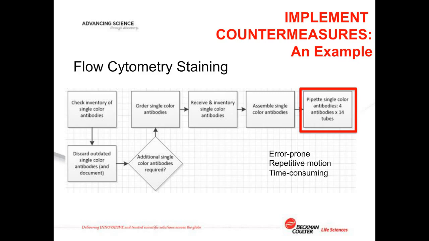It's being done manually. It's repetitive motion, so the person doing this has to actually pipette each of these antibodies individually. So that's actually 56 different pipetting steps, not counting taking off reagent bottle tops and putting them back on, and of course is time consuming.